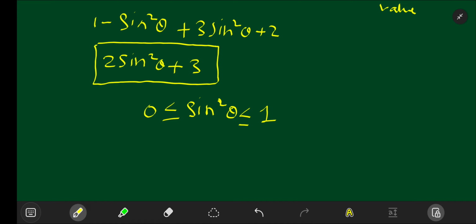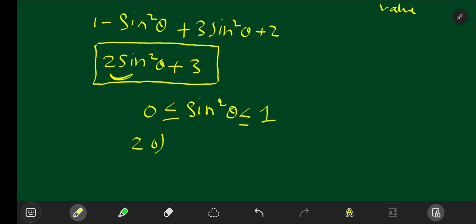Just now I said in the previous slide, sin square theta ranges from 0 to 1. Since 2 is multiplied with sin square theta, we multiply with 2 in this inequation.